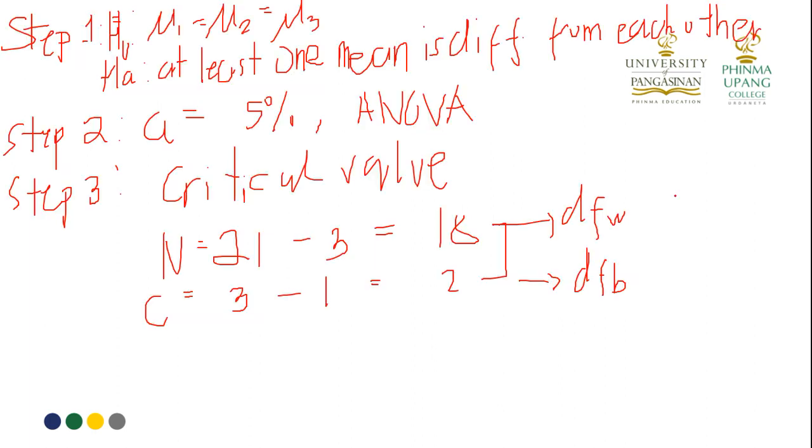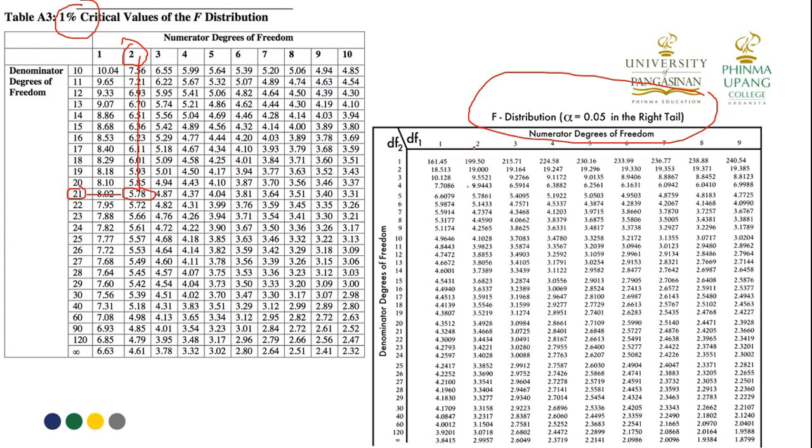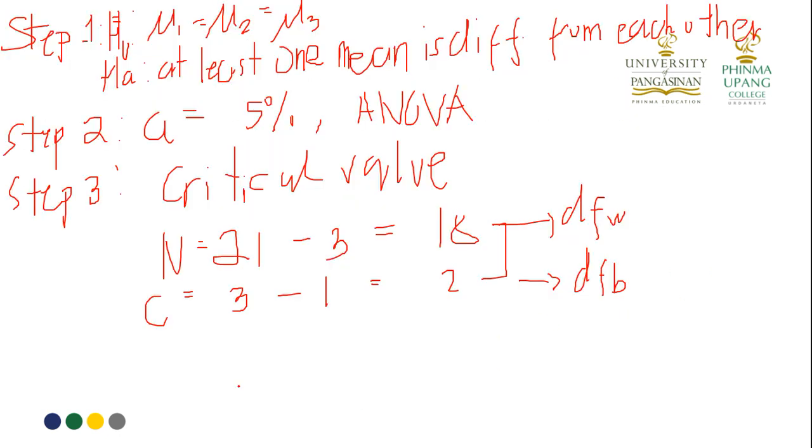Okay. So 2 at 18. 3.55. 2 decimal places lang kunin natin. So the critical value is 3.55. Next, step 4.